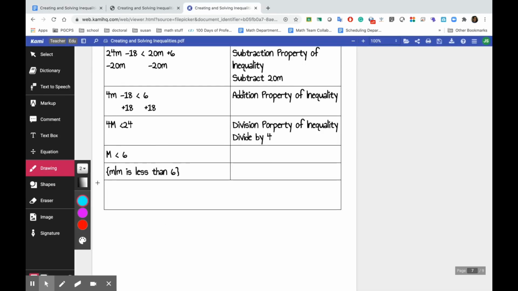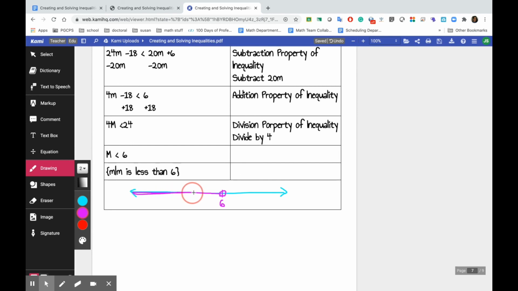Now let's graph the solution. So draw again the horizontal line. Now let's graph the solution to the inequality. Again, m is less than 6, so we'll have an open circle on 6. Again, 6 is not a solution because it says here it should be less than 6. So it will be an open circle and to the left of 6.